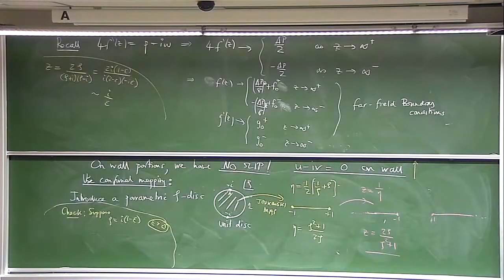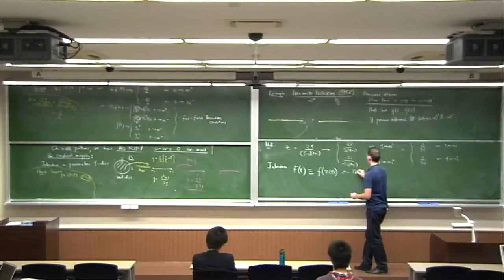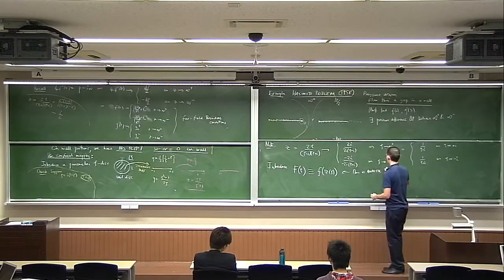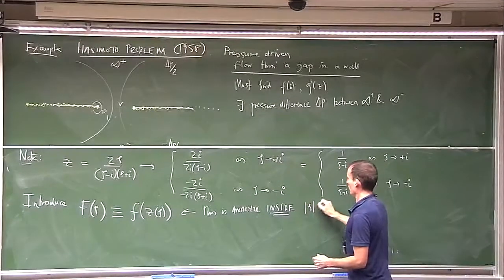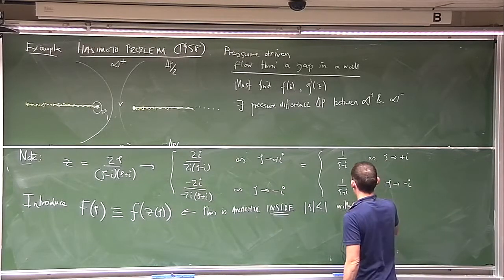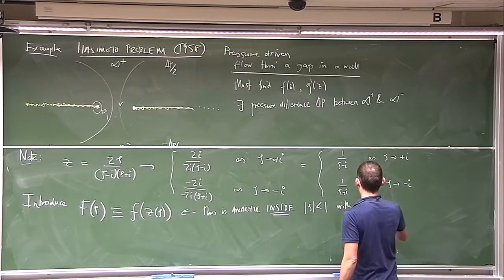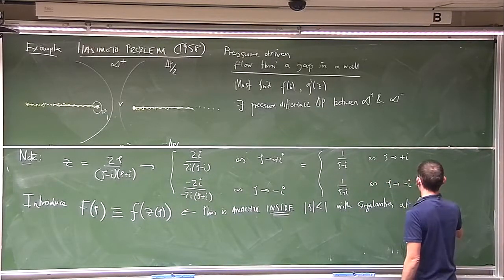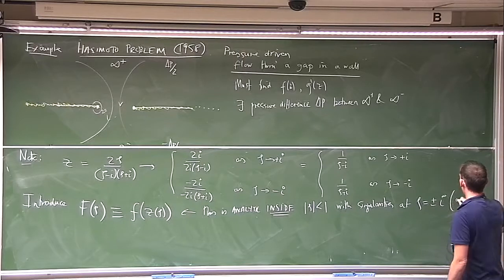So in other words, this is analytic strictly inside the disk, with singularities at zeta equal to plus or minus i of known form.